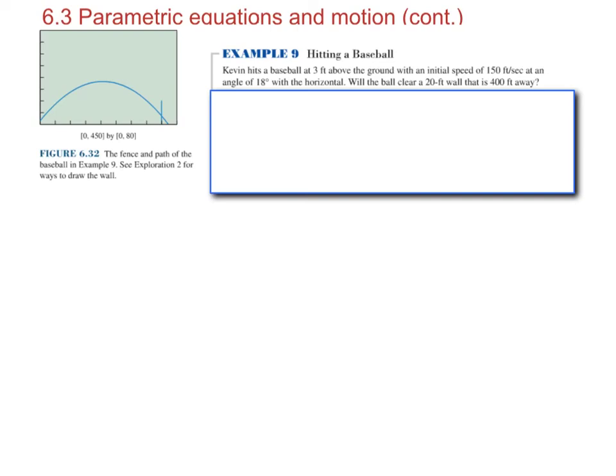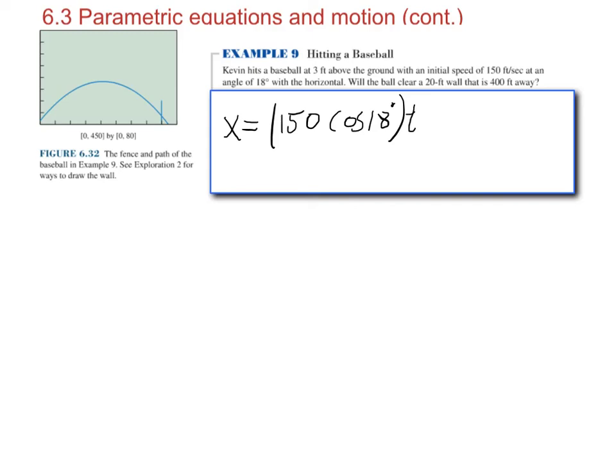And we said that we can simply use the initial velocity and the x component of that vector for the x equation in our parametric equations. So we would say x equals 150 cosine of 18 times t.